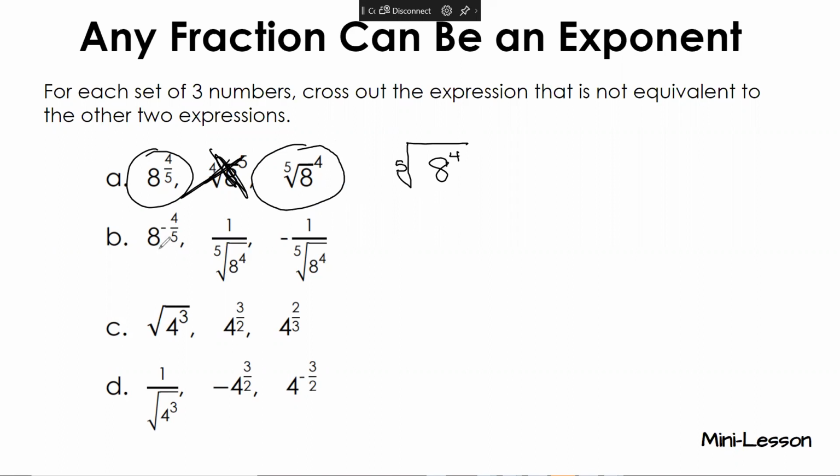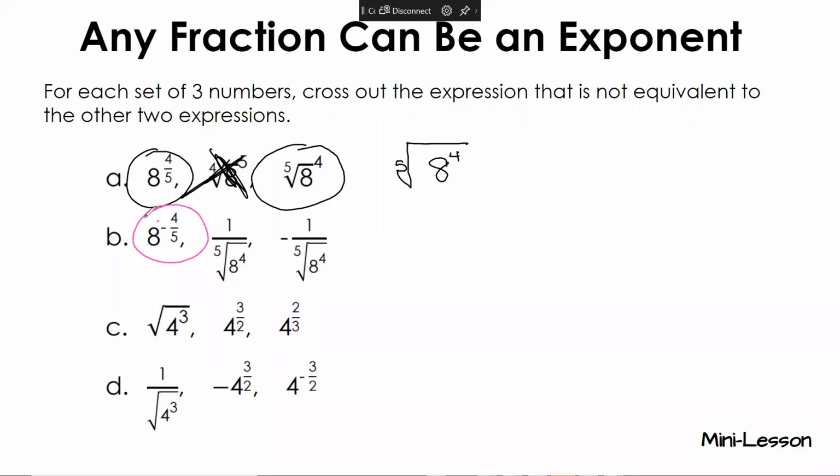Okay. Can you take a second and can you look at the next three and see which ones you're going to cross out? So on this first one, we've got this written out. And when we're going to rewrite this in radical form, there's that negative. Negative means that we're going to flip the number 8. So that means we're going to have 1 over 8.